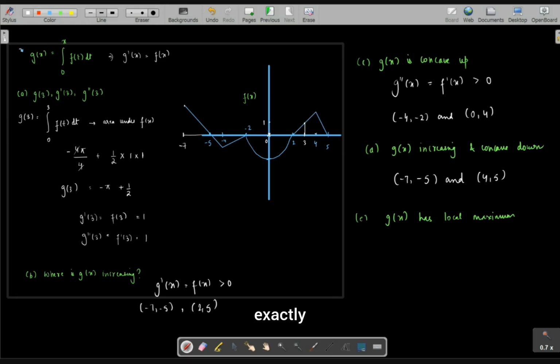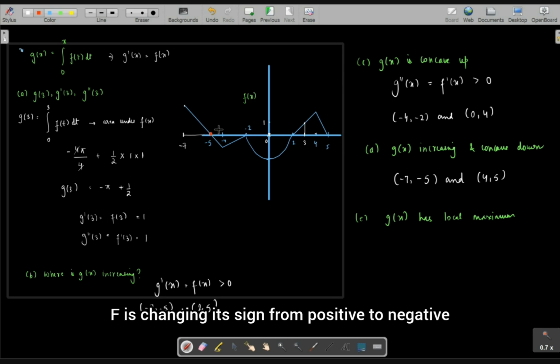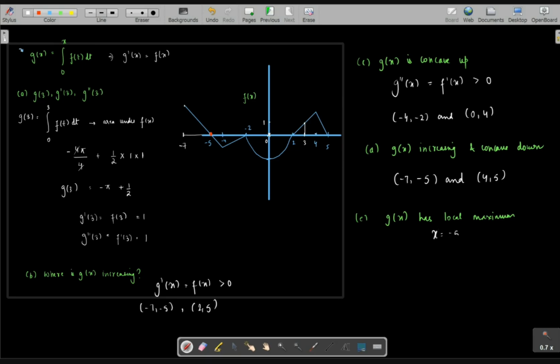Yes, exactly. So that would be at -5. At -5, f is changing its sign from positive to negative. That will be the point of local maxima. Okay, then C, D, E, F.